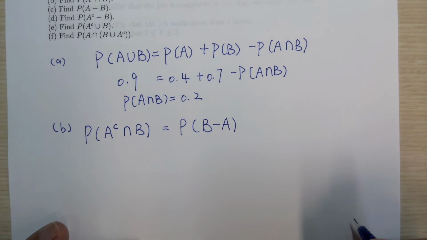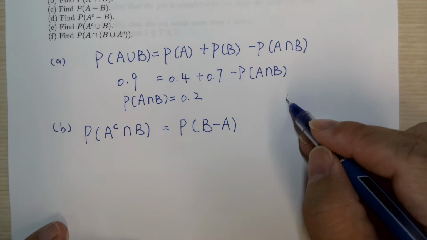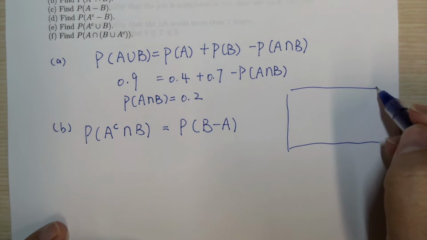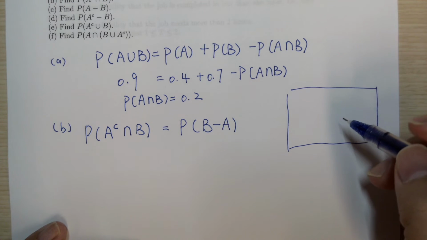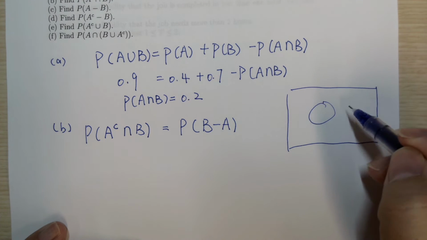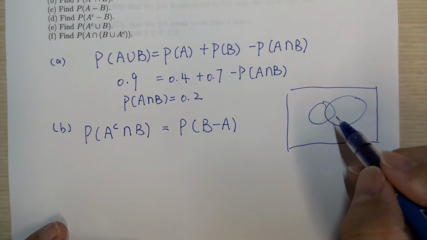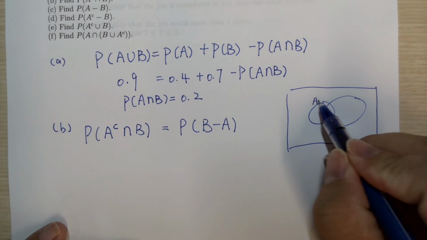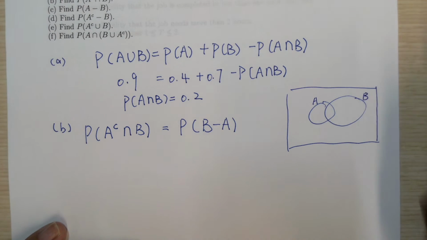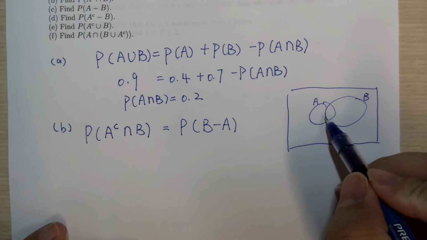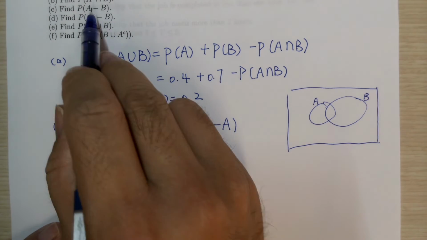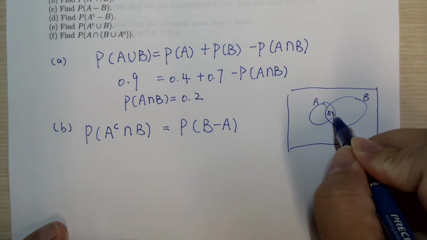If we draw a Venn diagram, suppose this is A, and this is B here. So A intersect B is 0.2, right?